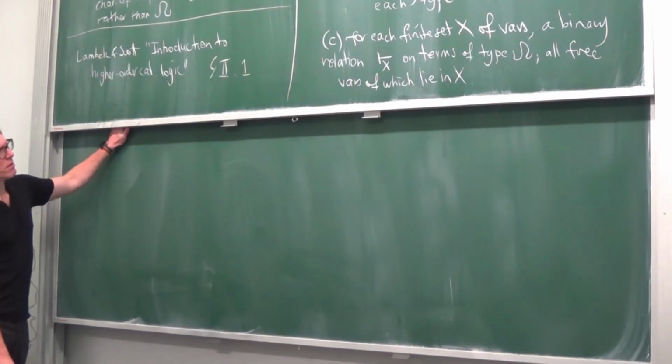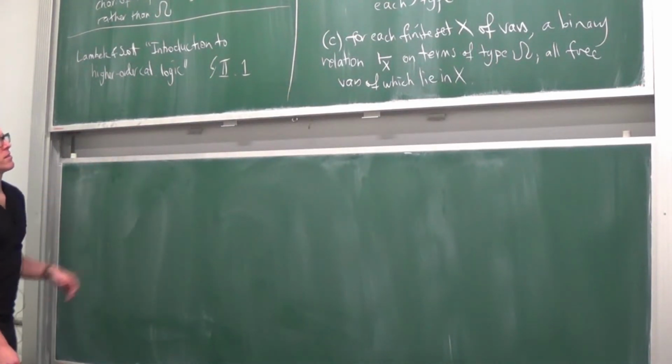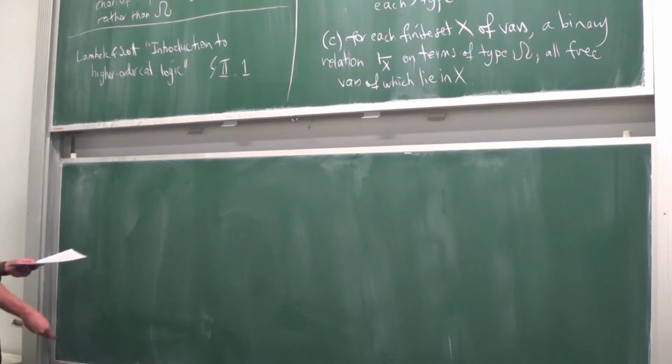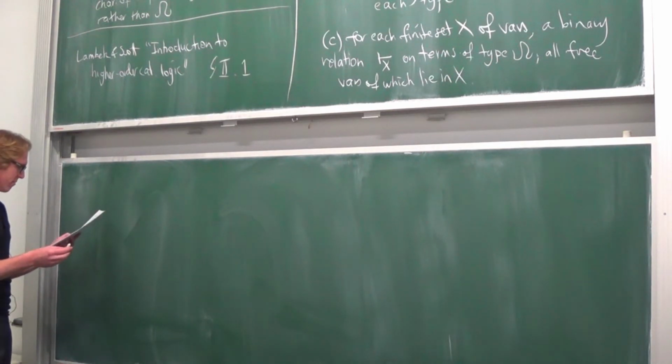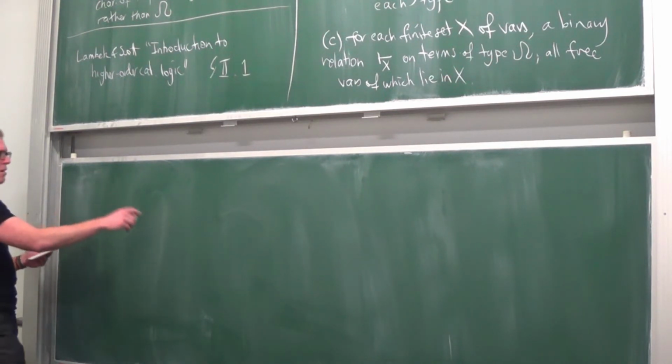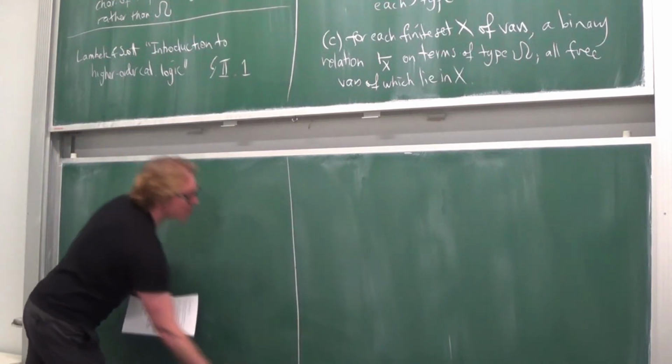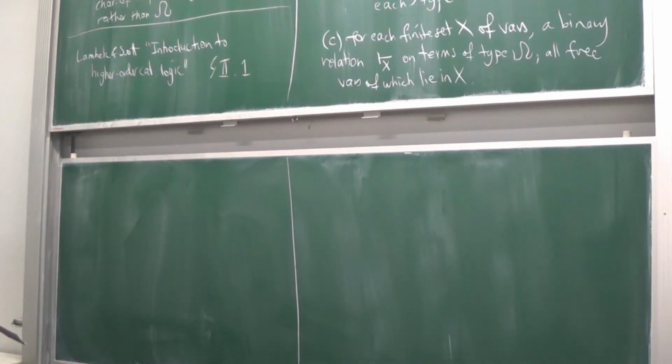Okay, so that's more or less just a sketch of the outline of the definition rather than really the definition. So I have to explain what I mean by terms. Again, just like in lambda calculus, terms will be alpha equivalence classes of preterms. I have to make sense of what free and bound variables are.